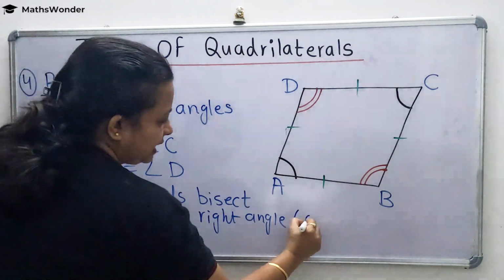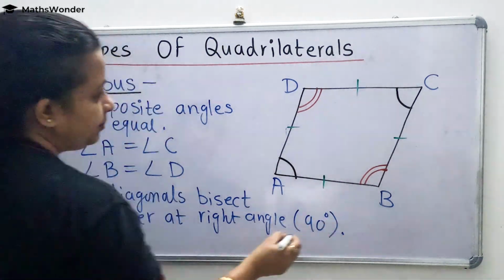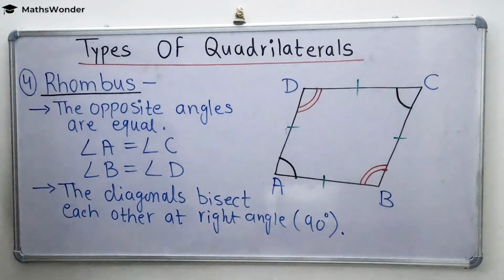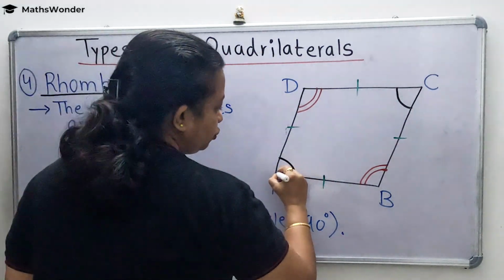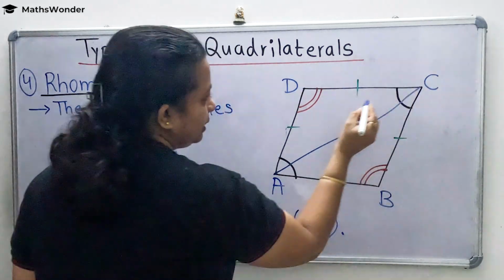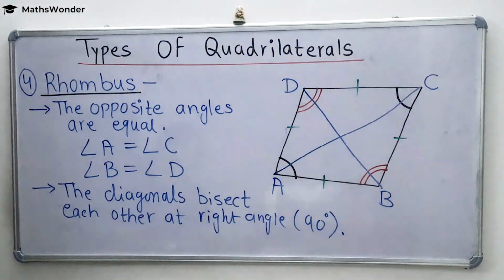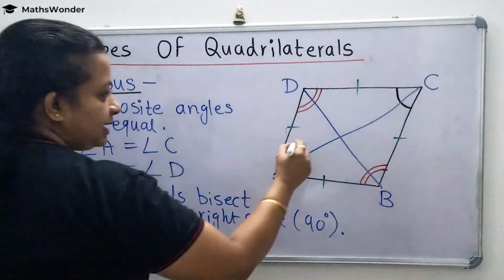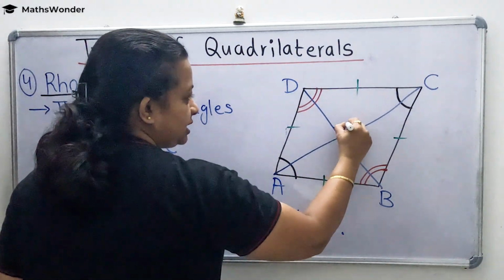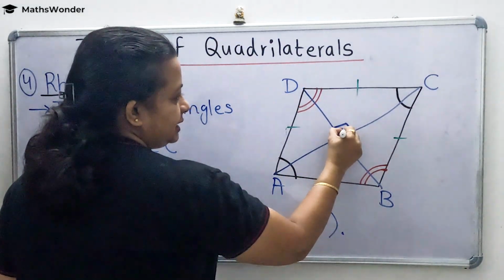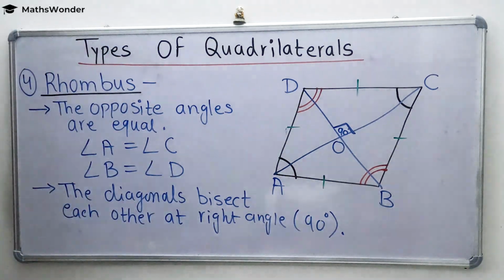So where is the diagonal? The diagonal is this. When you join the opposite angles, then you will see the diagonals. So both the diagonals bisect each other at 90 degrees. This symbol is for 90 degrees.